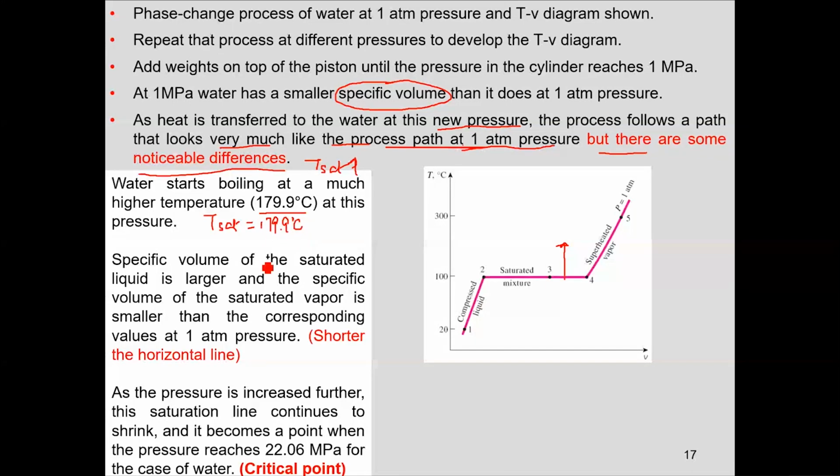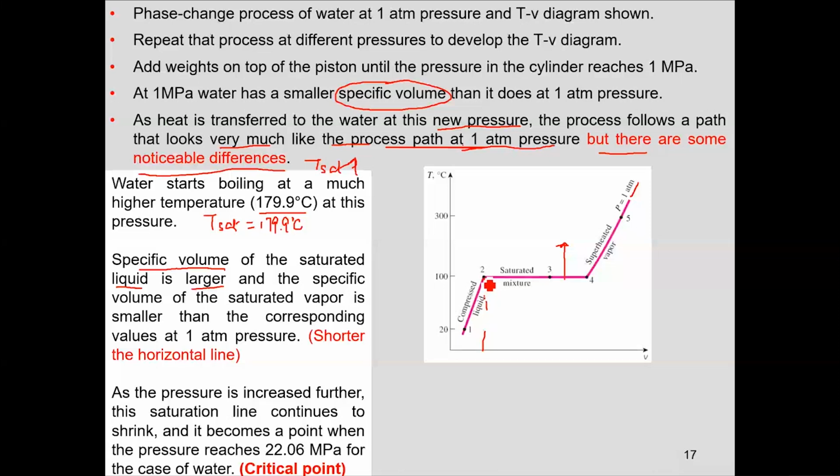So T saturation is 179.9 degrees centigrade. The second thing is that the specific volume of the saturated liquid is larger. Which state is the saturated liquid state in the line shown to you for 1 atmospheric pressure? 2, sir. Very good. So for 1 megapascal, the specific volume of the saturated liquid would be larger.